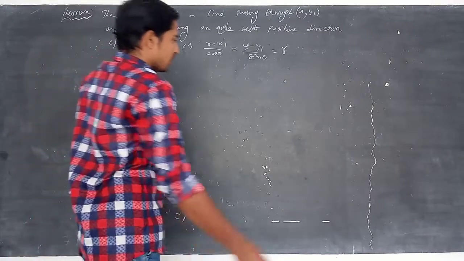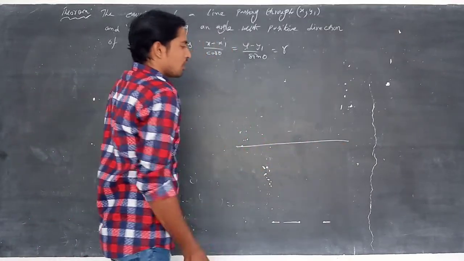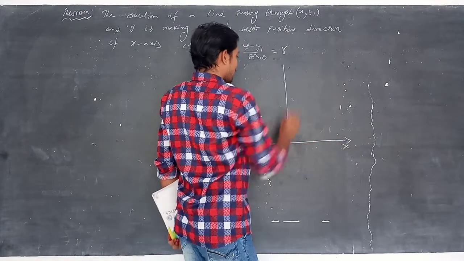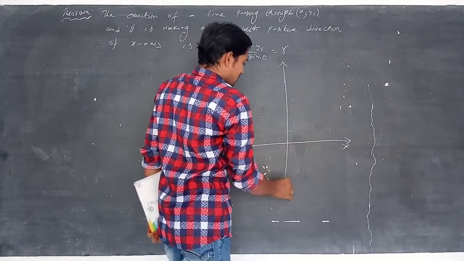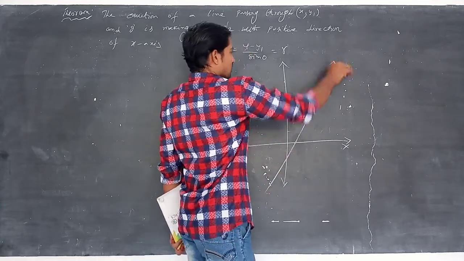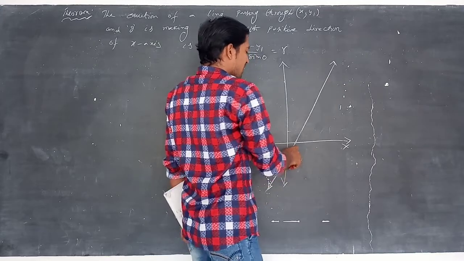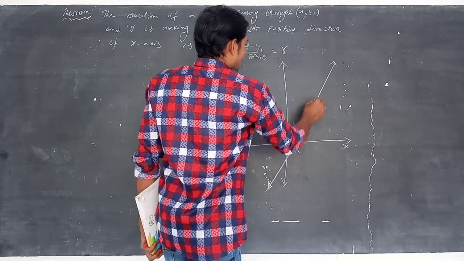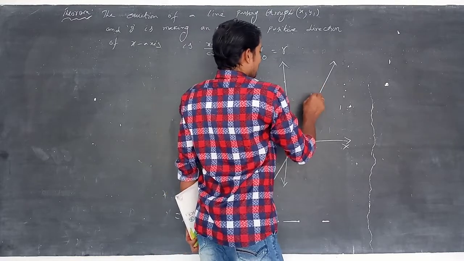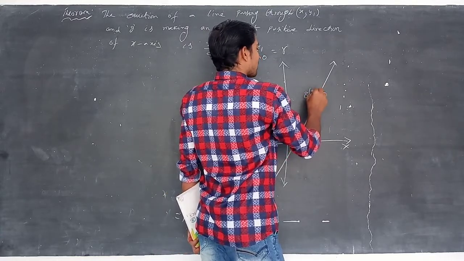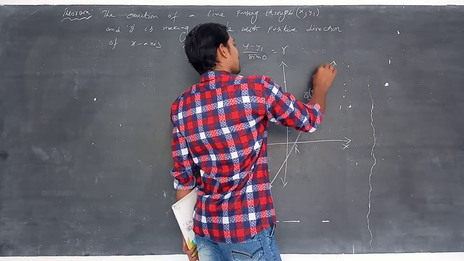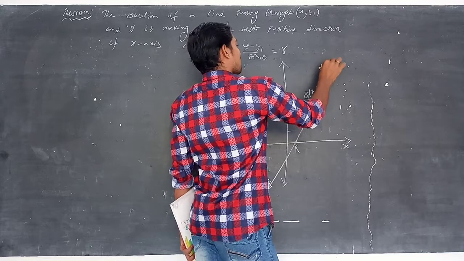So let us consider the x-axis and y-axis. Suppose this is a line which meets the x-axis at R, and it passes through the point Q x1 comma y1. Take any other point P x comma y.